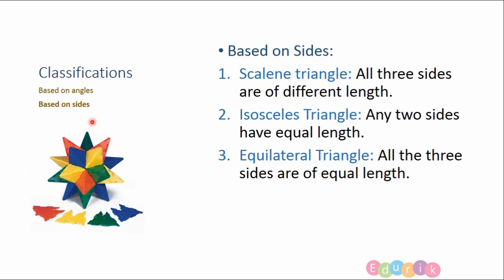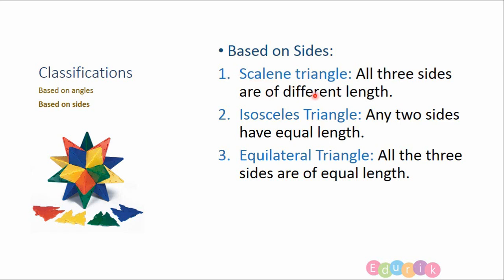Now let's come on to classifying triangles based on sides. A triangle has mainly two attributes: angle and side. Now based on sides, we have got three triangles here. First one is the scalene triangle, second is the isosceles triangle, and the third one is the equilateral triangle. Now what are these triangles?